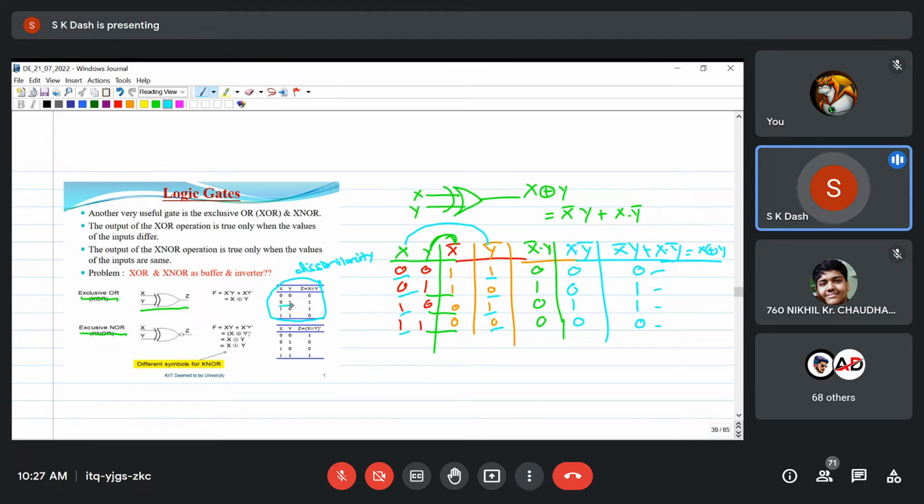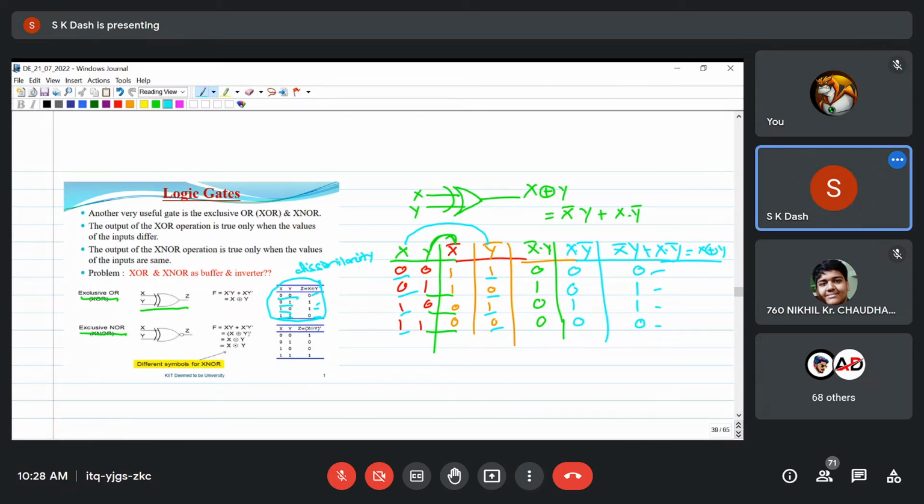So in this combination both inputs are different, in this combination both inputs are different, so because of that, output is 1. In the first case both are the same, in the last case both are the same, so output is 0. It comments about the dissimilarity. If both are not the same, then only your output will be 1. Otherwise your output will be 0.